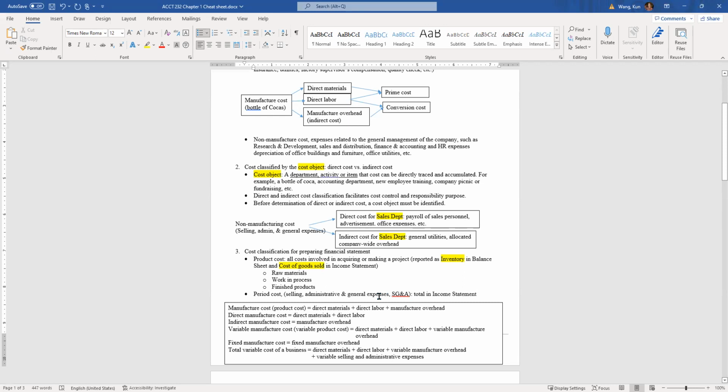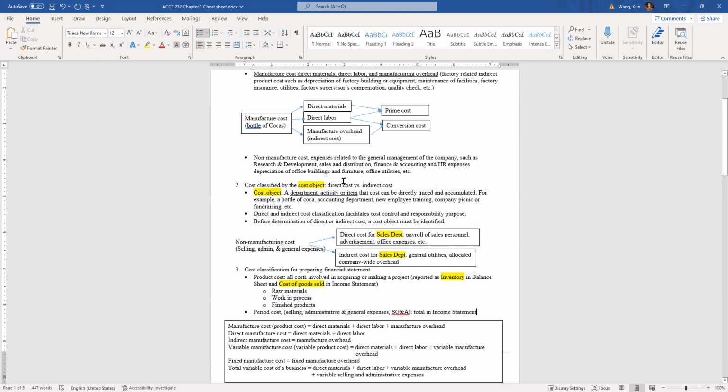The names can be different, but the general feature is that they are not manufacturer related, and they will be summarized and deducted in the income statement directly, not related to the inventory cost.